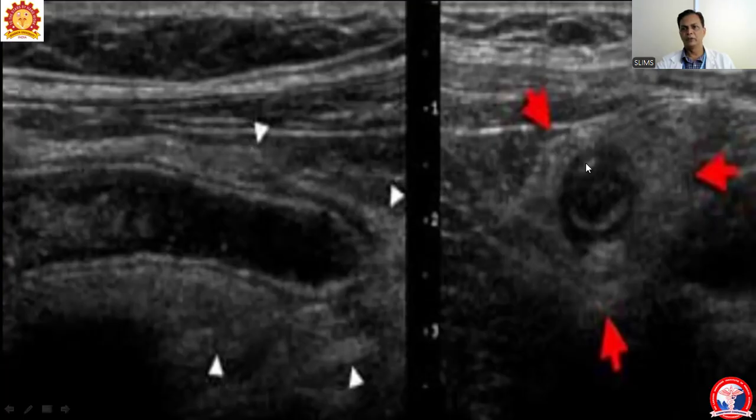Here we are seeing the appendicular wall is thick and edematous, as well as the adjacent fat. Periappendicular fat shows severe inflammation. This is a case of appendicitis. The appendix is enlarged and fluid-filled, and adjacent periappendicular fat stranding is remarkably seen.